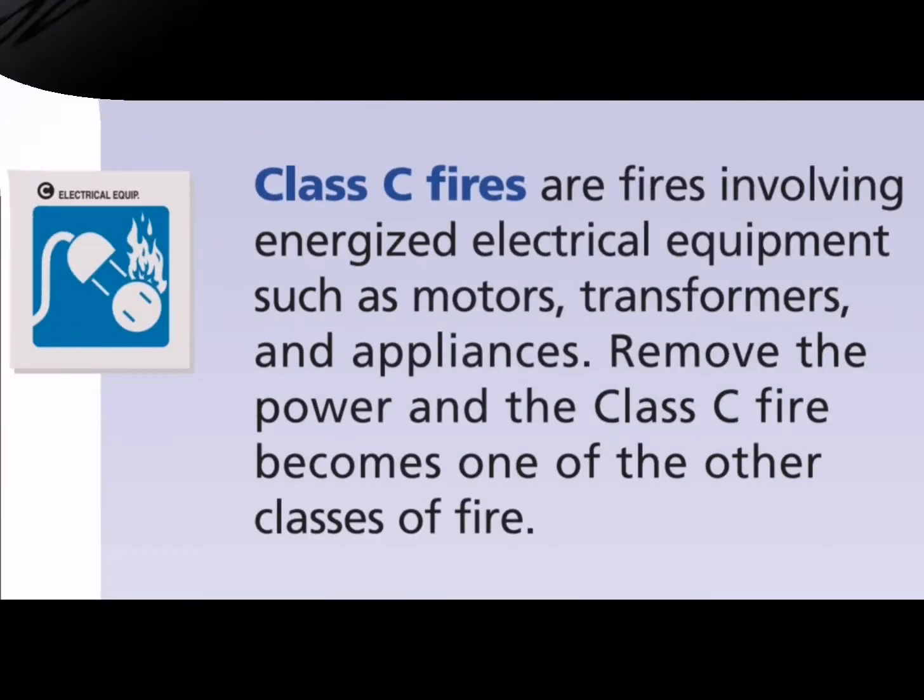And third, Class C fires are fires involving energized electrical equipment such as motors, transformers, and appliances. Remove the power and the Class C fires become one of the other classes of fire.